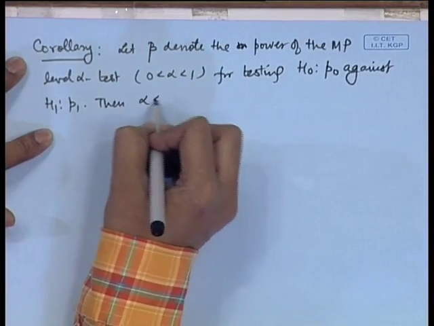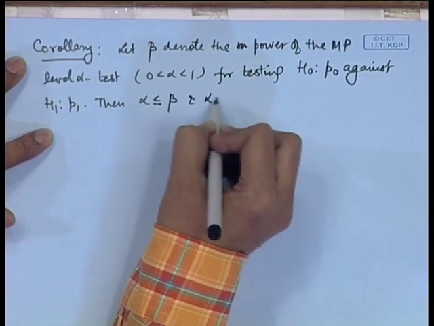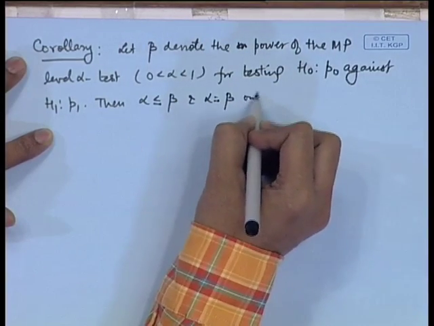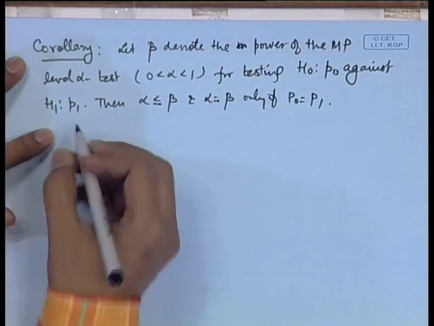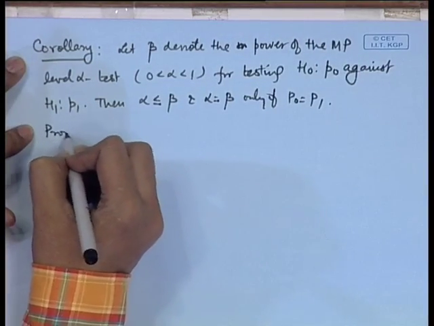Then alpha is less than or equal to beta and alpha is equal to beta only if P naught is equal to P 1. Let me see the proof of this.